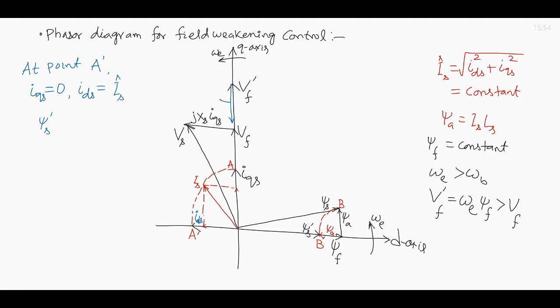Voltage drop is given by j x s into I d s, because I q s is 0, and this is the voltage, sorry, V s dash, this is the voltage V s dash. Okay.